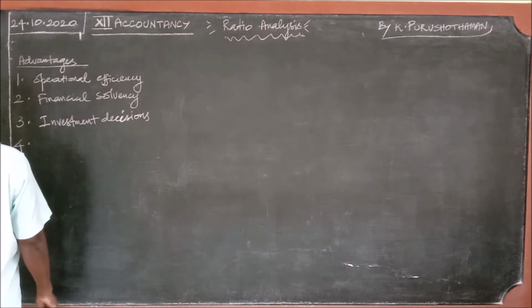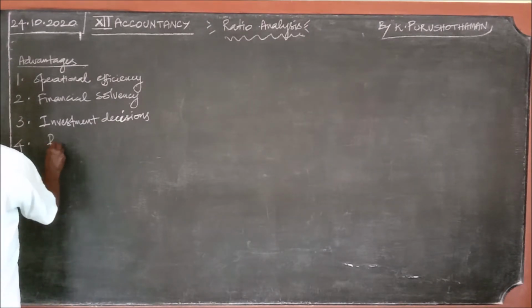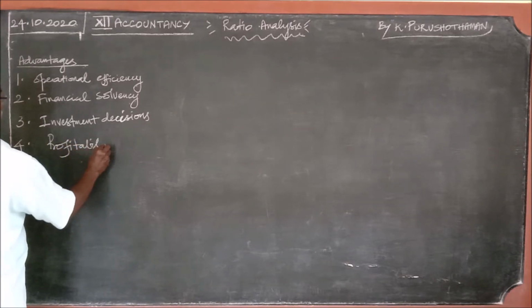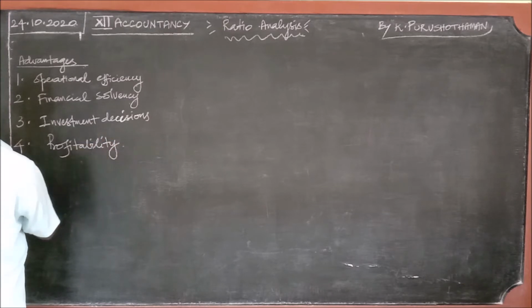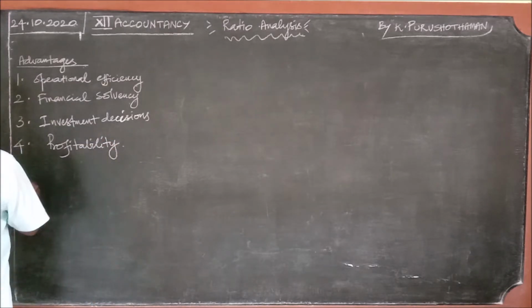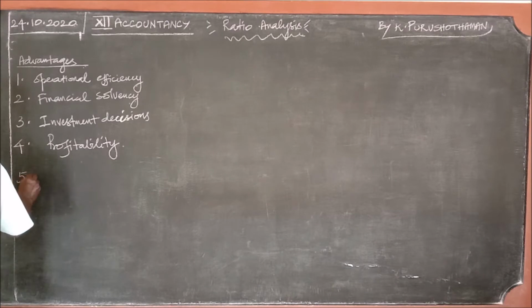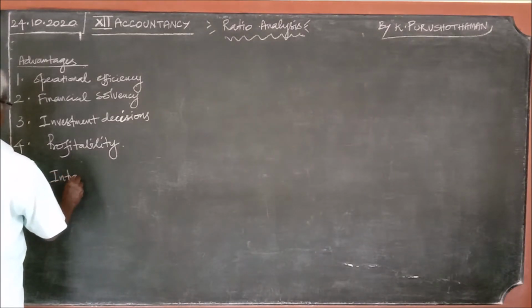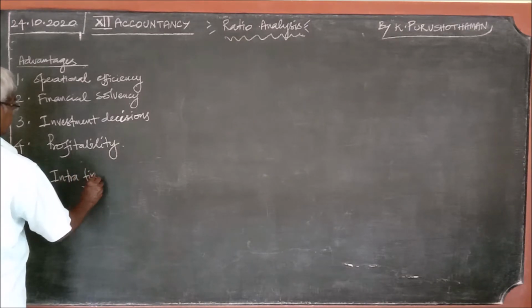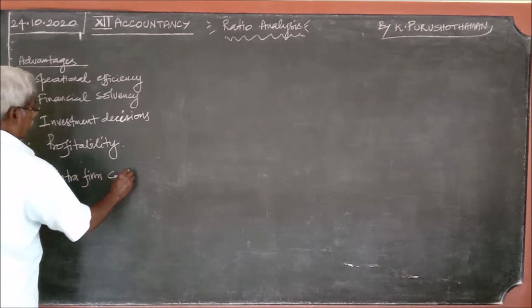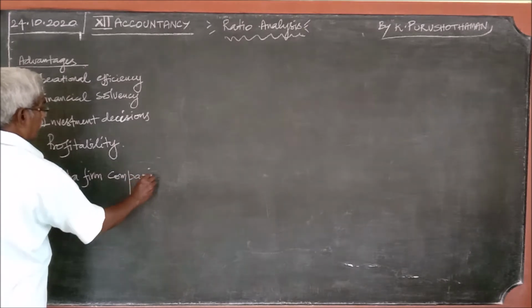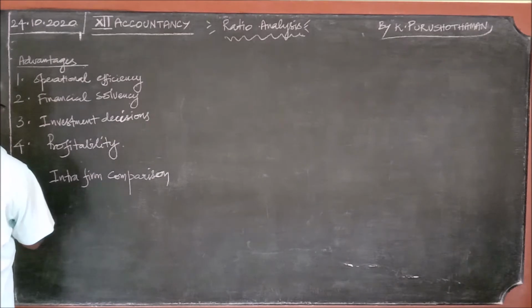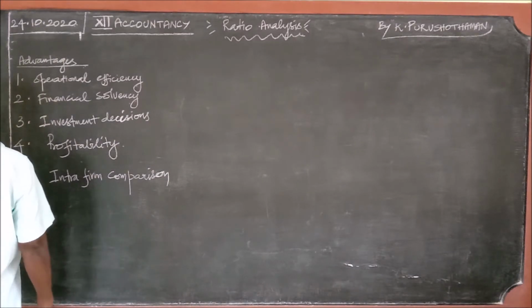Number 4, profitability. Number 5, intra-firm comparison. Number 6, inter-firm comparison.